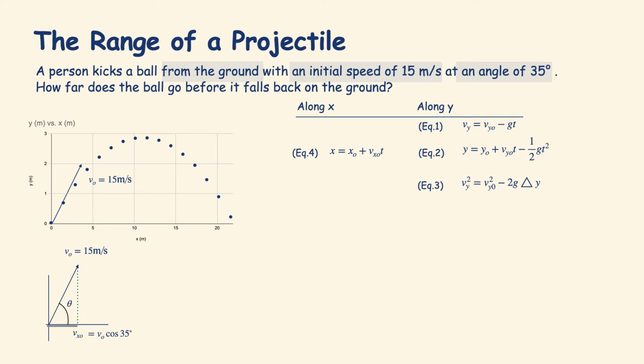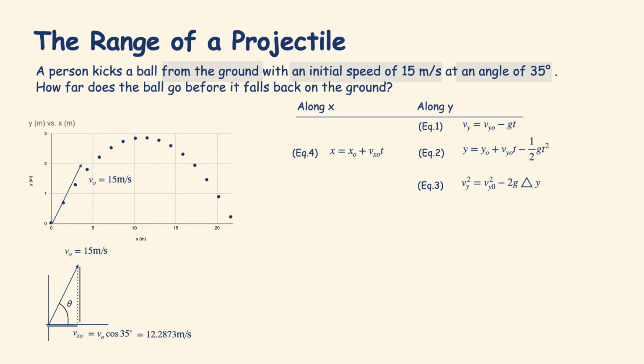So from trigonometry, this is going to be equal to V naught cosine of 35. Numerically, that will be 12.2873. If you decide to solve the problem numerically, I would advise you to keep extra digits. Remember, this is very early in the solution of the problem, and we do not wish to accumulate round-off errors.